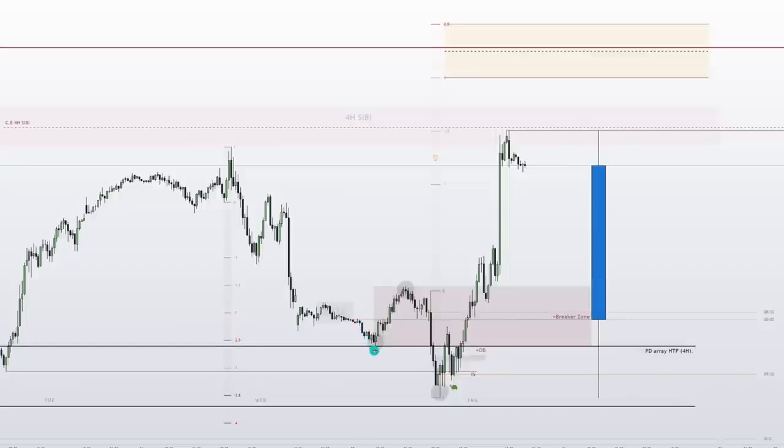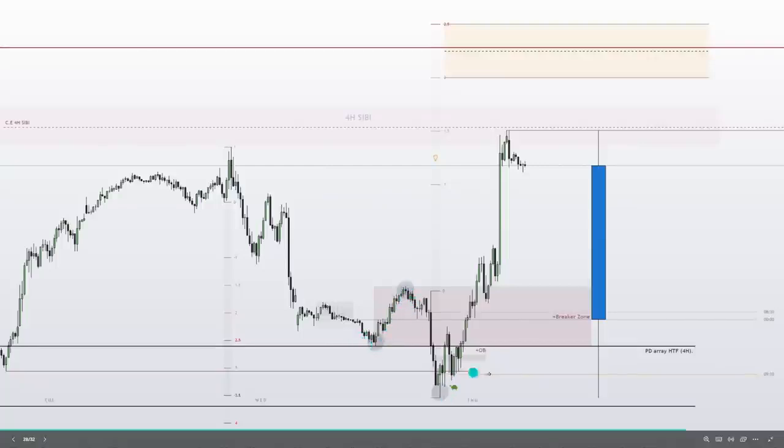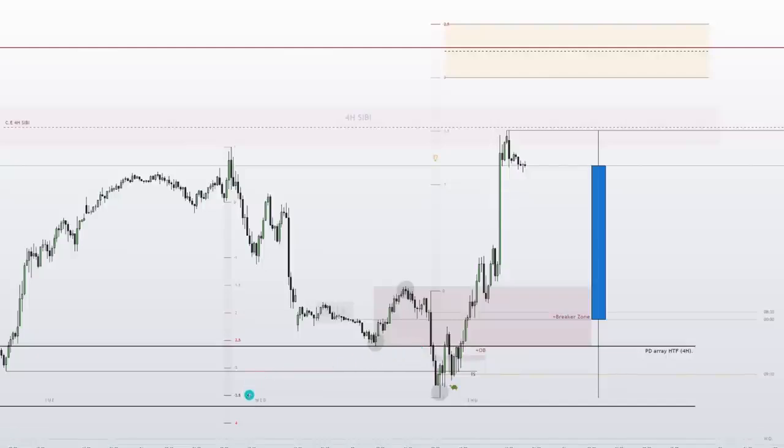Price moves below the 2.5 deviations, one little retracement, and moves on, printing the weak low at the 3.5 deviations, taking the short-term low here, the Tuesday low, and reaching this higher time frame PDRA, the 4 hour, and one order block, the daily order block, the main threshold.